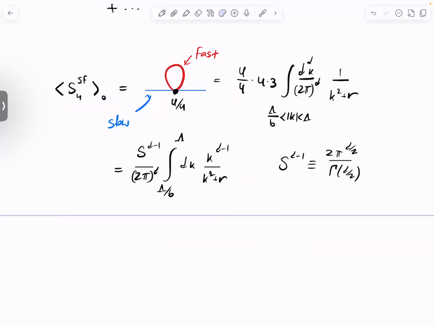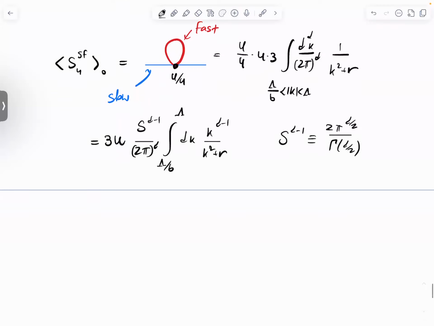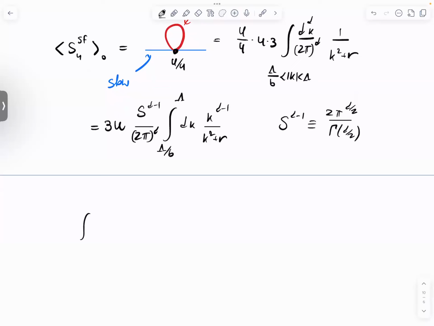Okay, wait a second, I forgot some coefficients here. So this thing becomes 3 times u. Good. Now I just want to comment that if you have an integral, first of all, let's assume again that b is an infinitesimal thing.